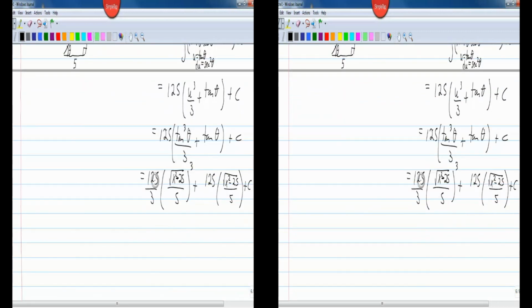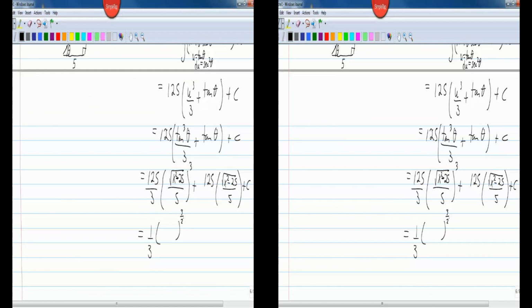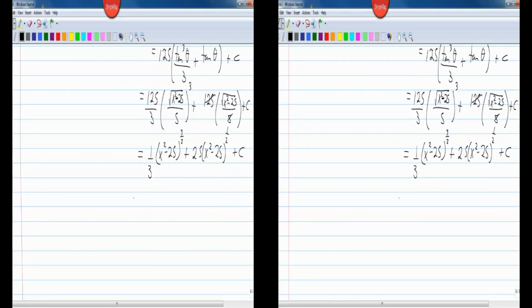So that's going to cancel that and just leave me with 1/3. What does the numerator become? That's to the 1/2 to the third, so that's to the 3/2. Power to a power, you multiply. This, that, and that cancel out, gives you 25. And that is x squared minus 25 to the 1/2. Now you can factor this one and simplify it a little bit if you want to. That's what the good student wants to do. They always want to try to simplify.